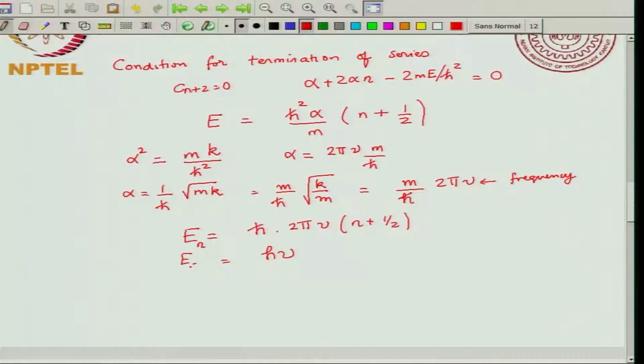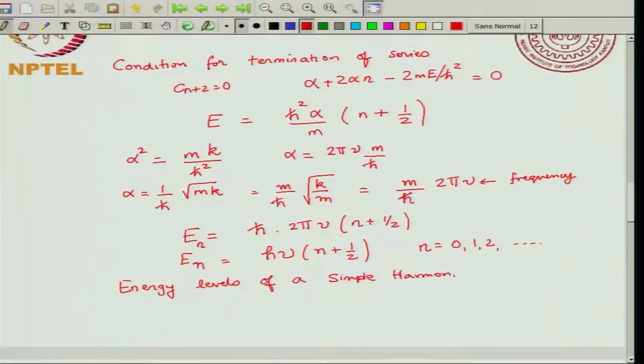E_n equals h nu (n + half). So these are the energy levels, where n can be 0, 1, 2, etc. These are the energy levels of a simple harmonic oscillator in 1D.